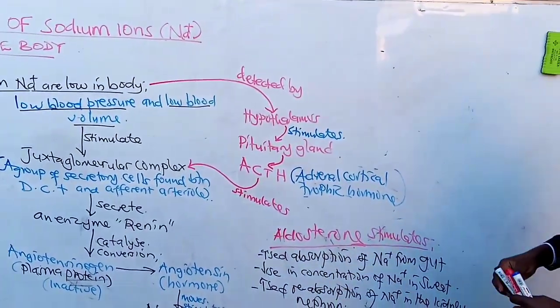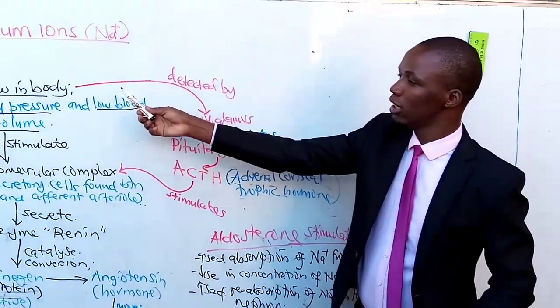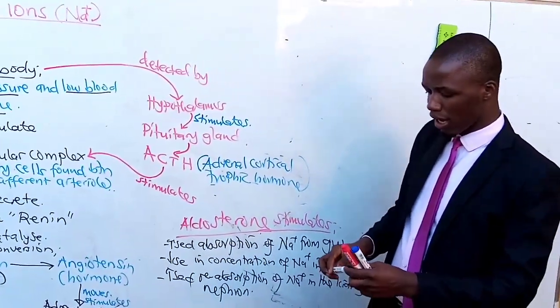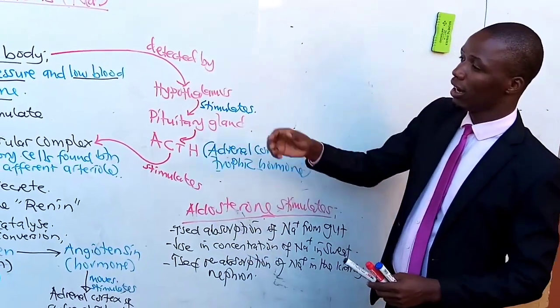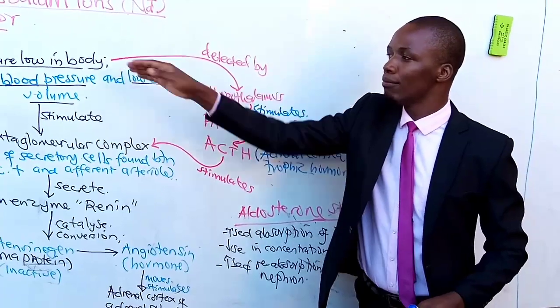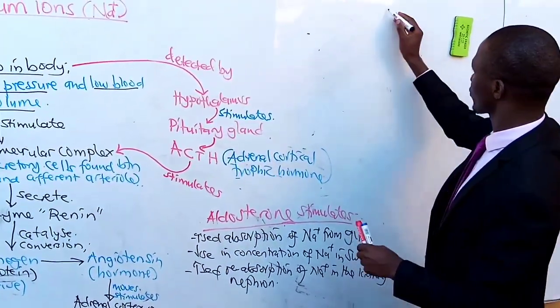So after you have understood how the body regulates when sodium ions are low, I'm sure that you can now follow with me. You can even easily and quickly tell what will happen when sodium ions are above normal. How?